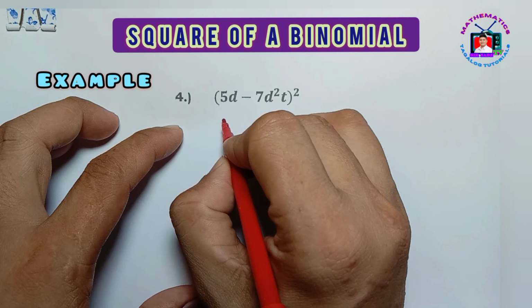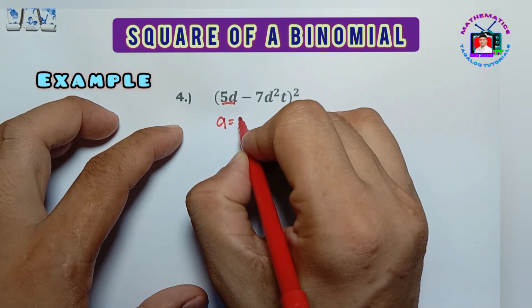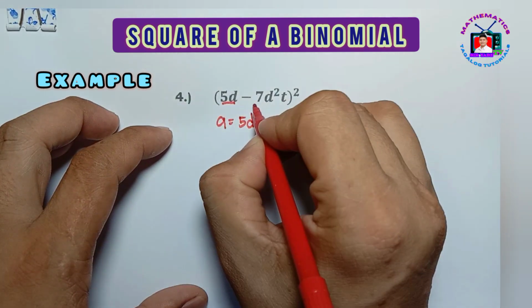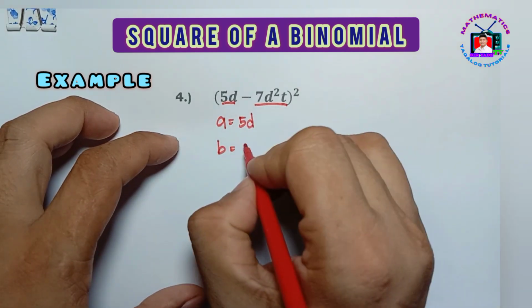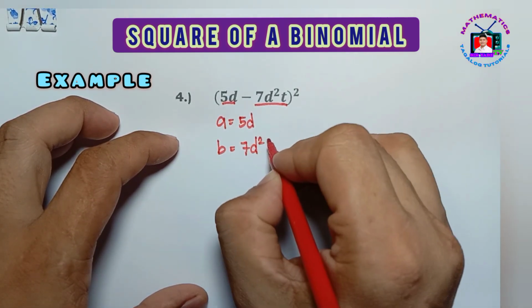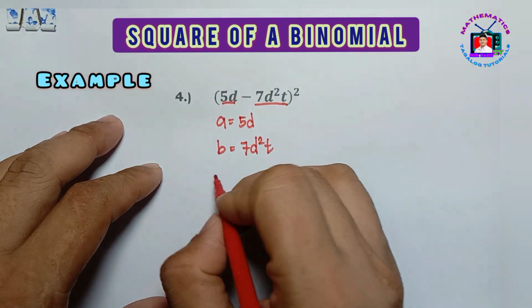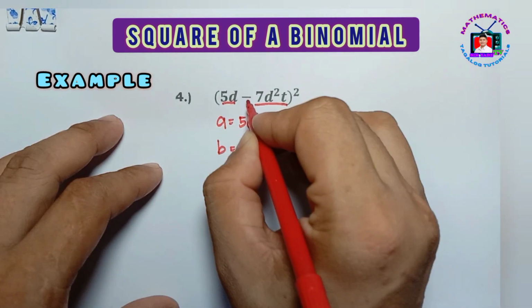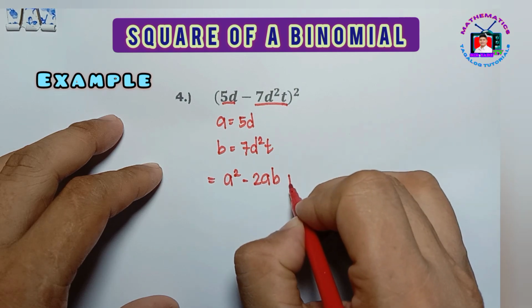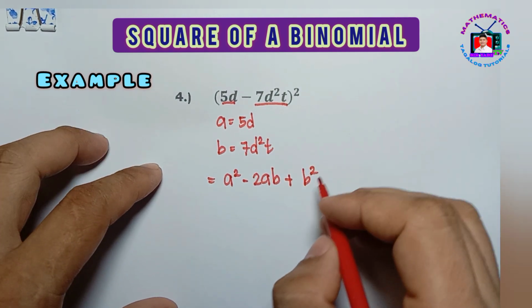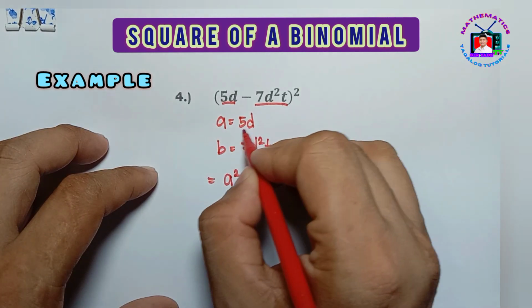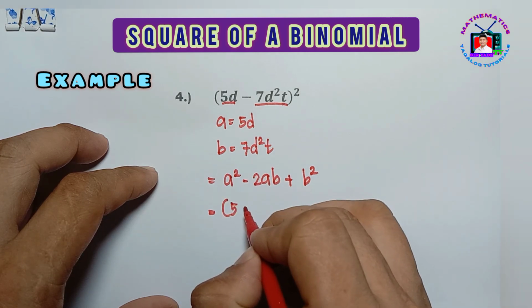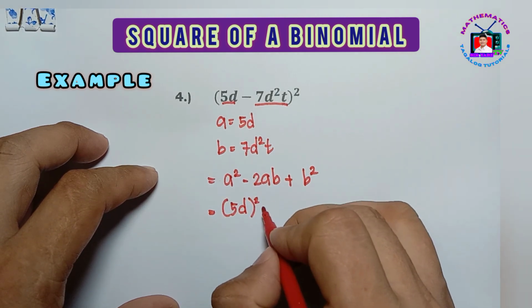Now let's proceed to number 4. We have number 4, a is 5d and our b is 7d squared t. Okay, so for the formula, since it's minus, we will use the minus formula. So a squared minus 2ab plus b squared. Then our a, just substitute, 5d, raised to 2 or squared.